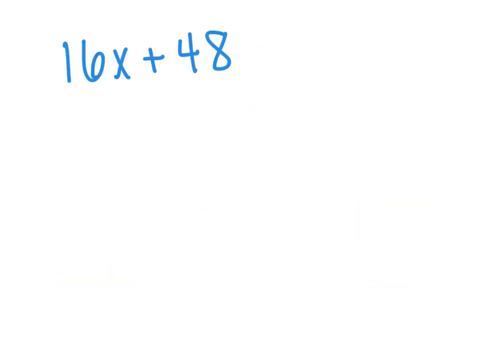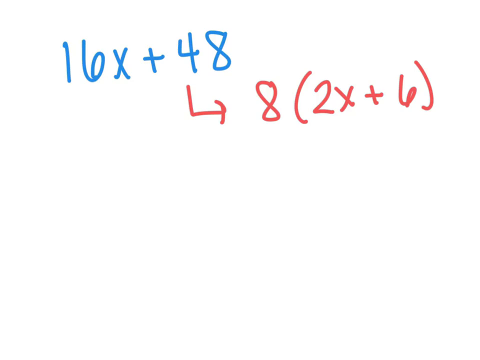So what happens on that last problem if you had 16x plus 48 and your answer was 8 times 2x plus 6? This is a really good start to your factored expression. But I need to notice that both 2x and 6 still have a common factor, and I could actually factor out another 2.